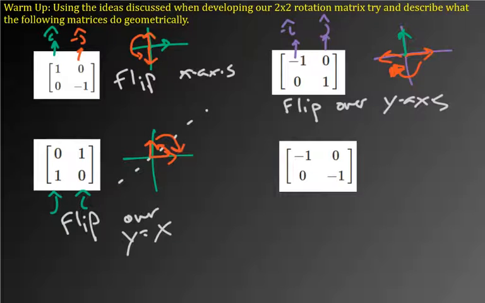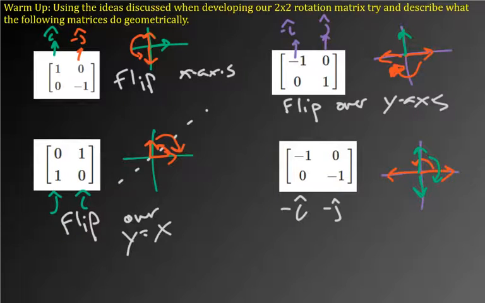This last one, you can interpret two ways. So this is negative i hat, and this is negative j hat. And if you think in terms of where vectors land, this vector is landing over here, and this vector is flipping and going over here.